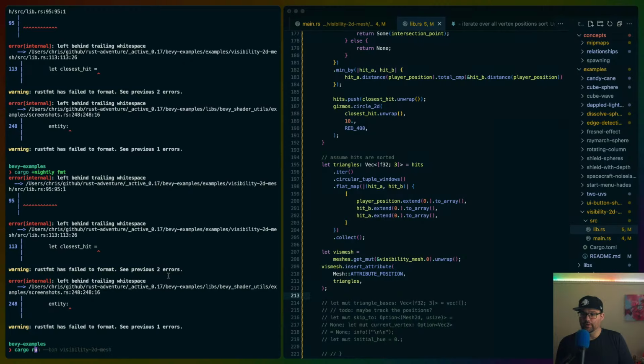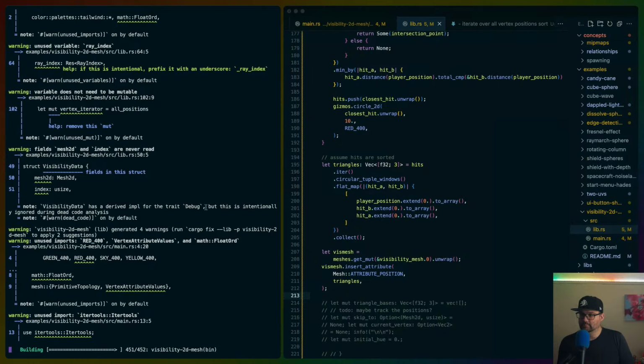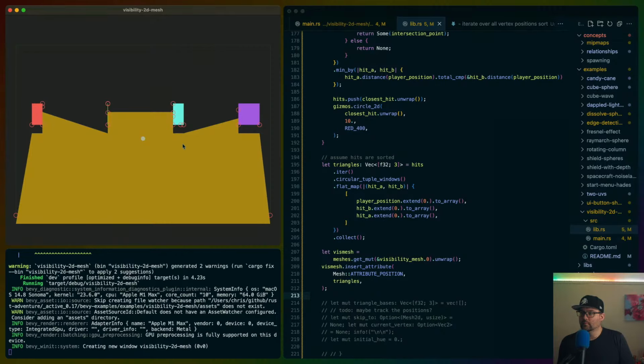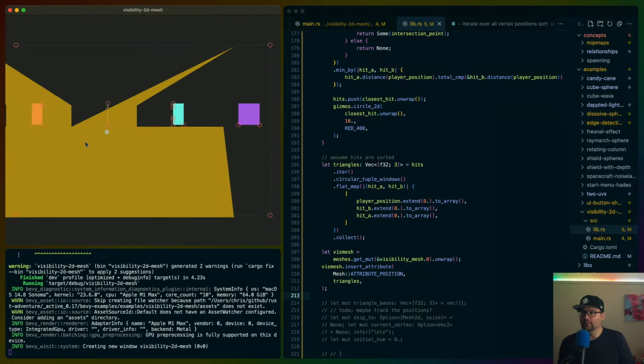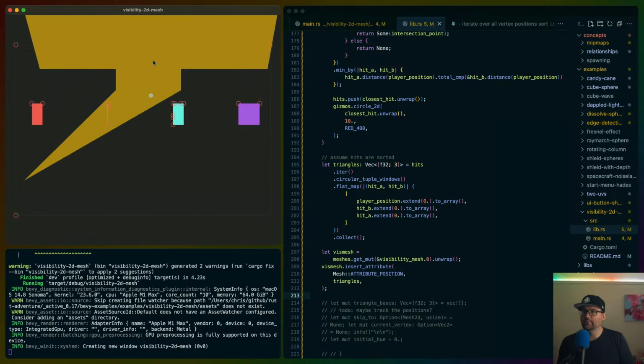Oh, that's not what I want to do. So we at least have something that looks a little bit like it's supposed to be correct. It's just very much in the wrong position, right?